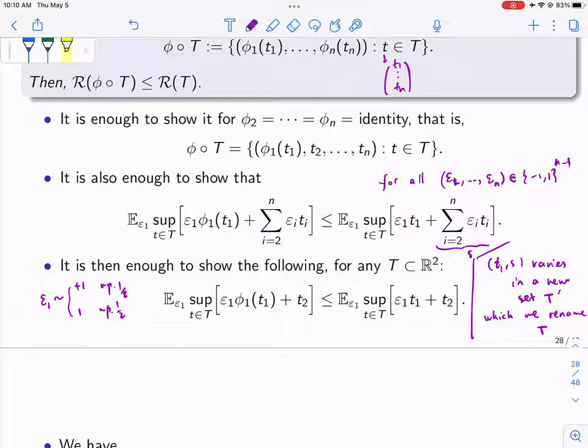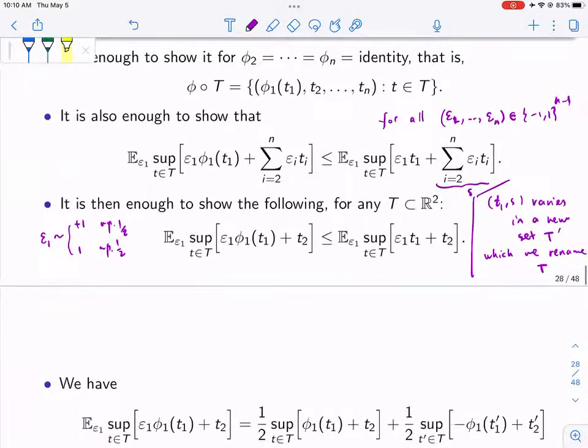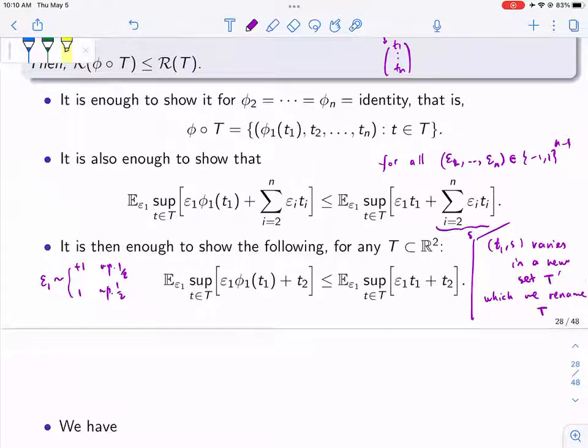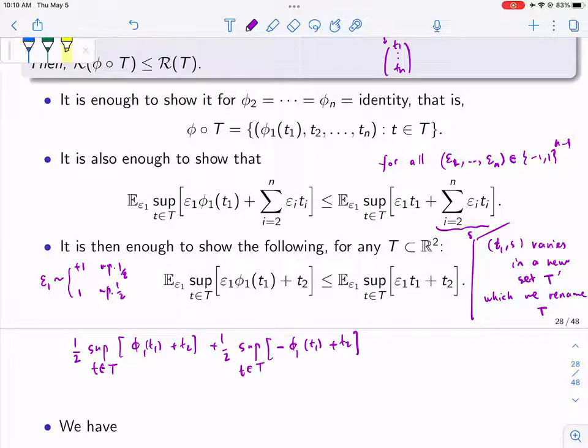So the basic thing is just to write down the expectation. It's just simple. It takes two values with these probabilities, so we get one half sup over t in T of phi 1 t1 plus t2, plus one half sup of negative phi 1 t1 plus t2. But that doesn't get any simpler than this.